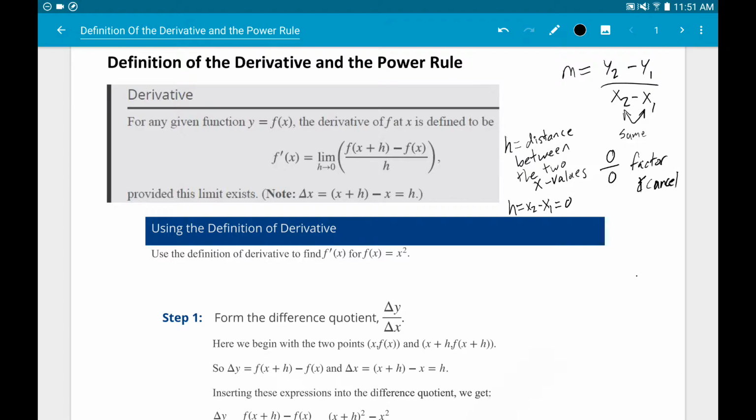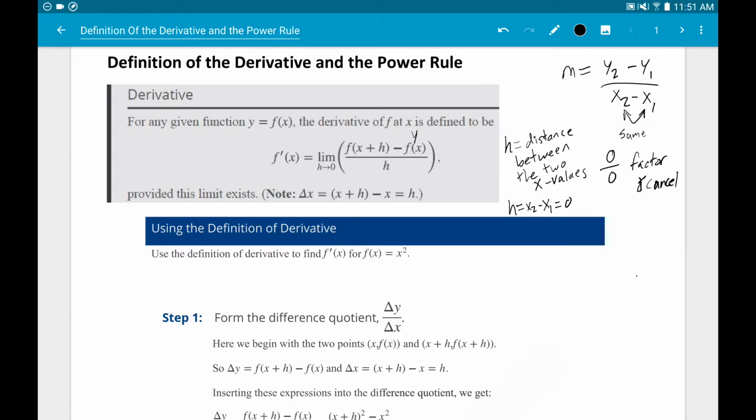Up on the top, instead of y sub 2 and y sub 1, they're using f of x plus h and then f of x. These are just a different way to denote y values. F of x in algebra was the same thing as y. F of x plus h is literally, instead of just taking some value x and plugging it into the function to get a y value, you take an x plus h, but remember we want h to be 0 basically.